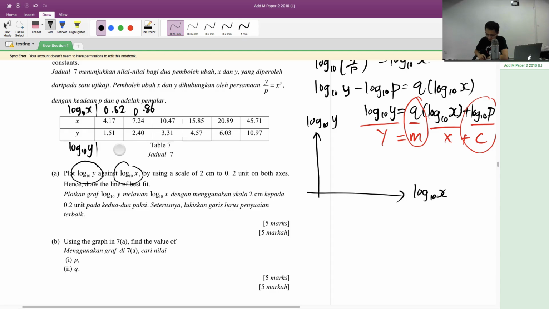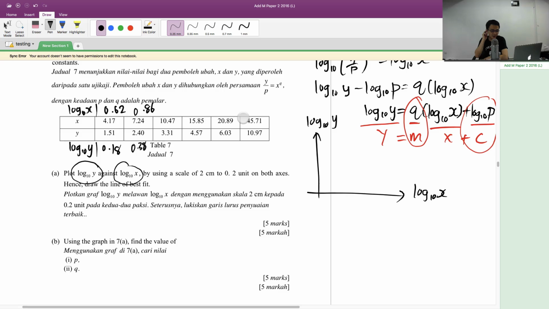And then same thing for y, I will log 1.51, and then I will get 0.18. And then log 2.4, then I will get 0.38. So you have to log all the values here, and then you have to form your own table. Then you just sketch the graph according to the coordinates you have.